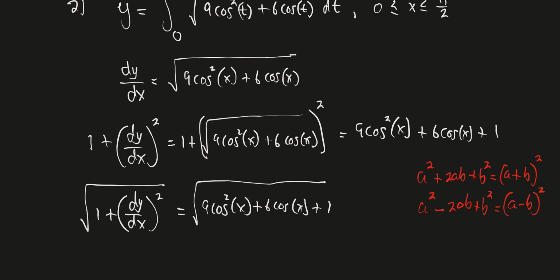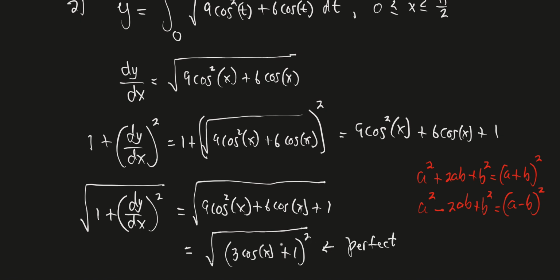You have to be able to identify perfect squares, otherwise you're going to miss it, and you're going to try to do something crazy that just doesn't work. So the important thing here is that what's under the square root is the same as 3 cosine of x plus 1, that quantity squared. This is a perfect square.